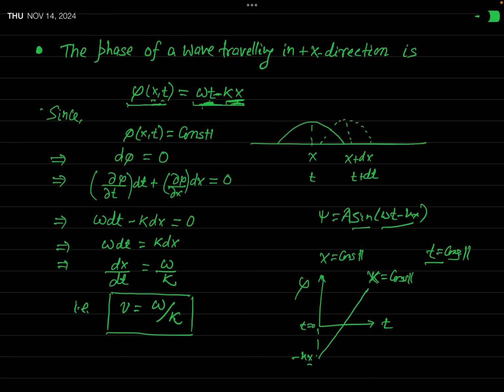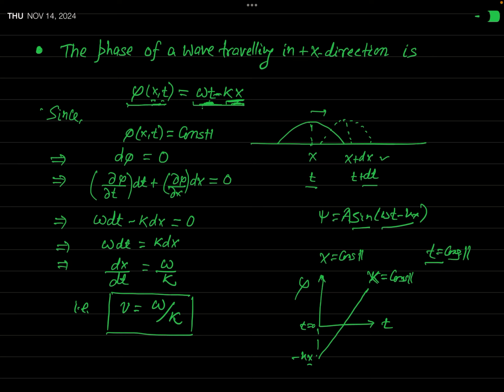Let us now learn to calculate the velocity with which a wave crest or a wave trough or a compression pulse or a rarefaction pulse travels. With what velocity it will travel, that is actually the phase velocity or wave velocity. So now let us consider that at x equal to x, there is a crest at time t, and this actually moves to this position where x is x plus dx at time t plus dt.